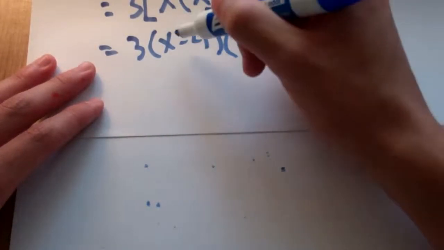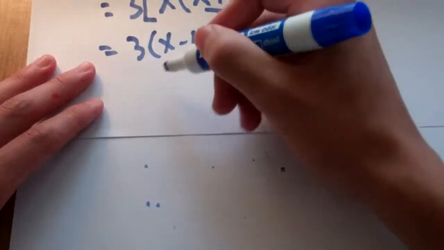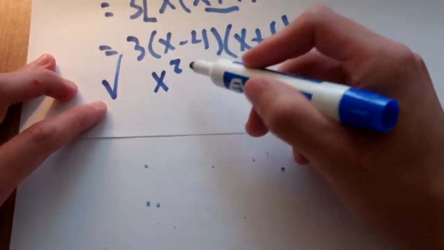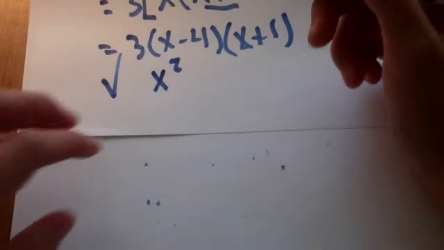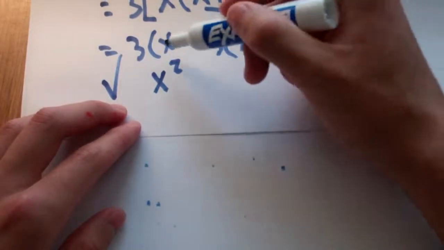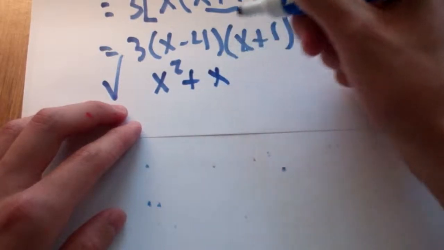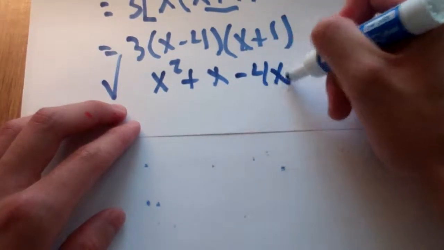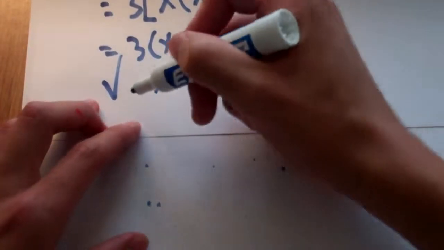So first thing I'll do is multiply these two together, and so I get x squared, and I'm going to write check right here. x squared. Excuse me, I've got a mosquito trying to bite me. Okay. Alright, now I have x squared. x times 1 is plus x, and then minus 4 times x is minus 4x, and then minus 4 times 1 is minus 4.